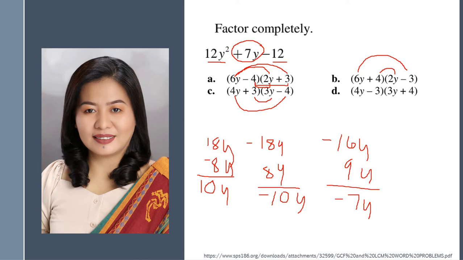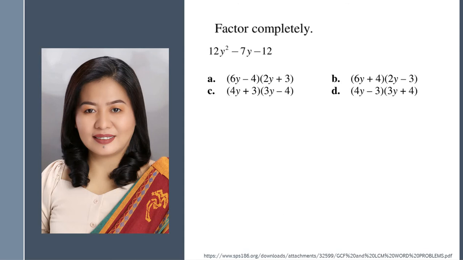It means that C is not the answer, but it's D. So let's check if it's really D. 4y times 4 is 16y, and negative 3 times 3y is negative 9y. So this time it gives us positive 7y. So our answer is letter D.